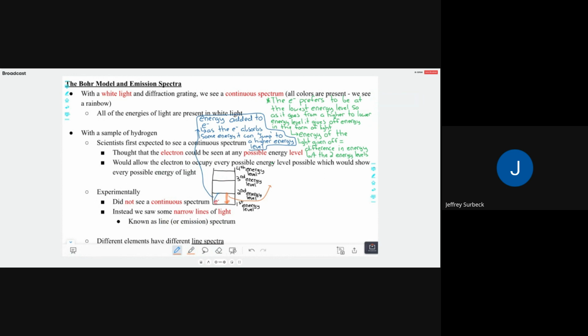Now, I want to talk about our light. Our light is given off as the electron returns to that original energy level.